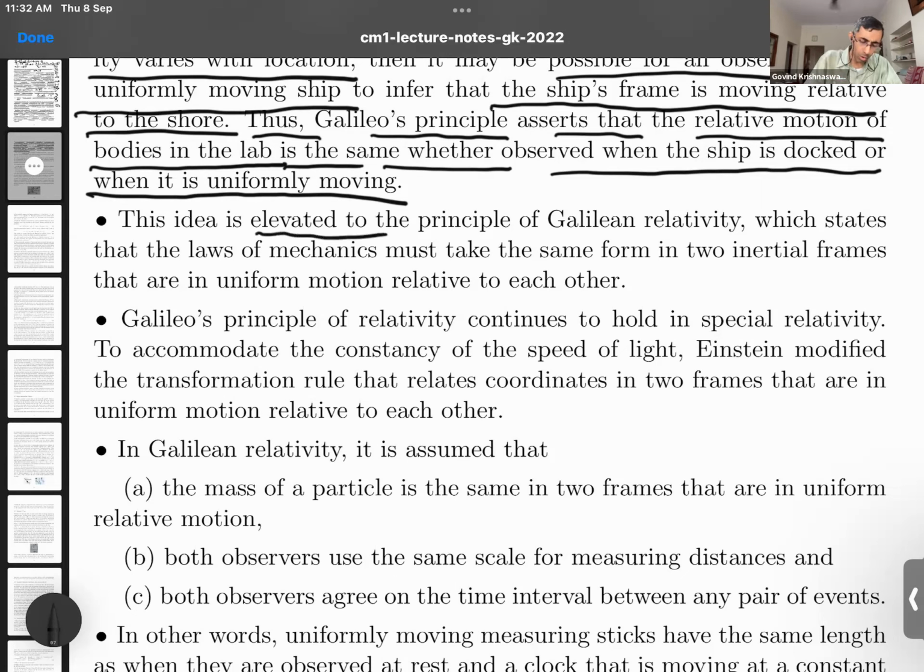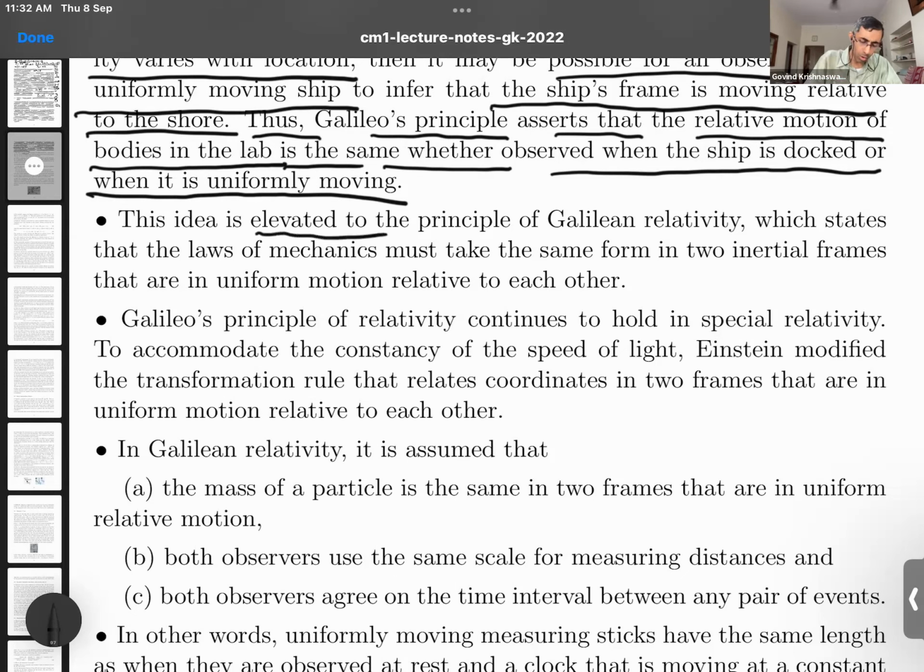So suppose you have two inertial frames that are in uniform motion relative to each other. You have checked that each frame is inertial, if you like, and you know that one is in uniform motion relative to the other.